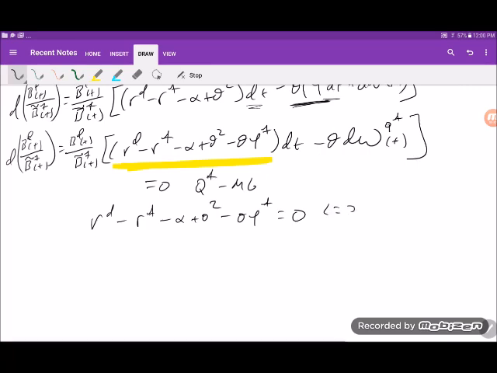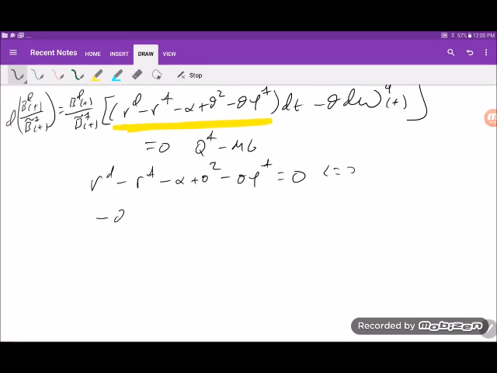So this is like saying that negative sigma phi f is equal to, you could say, alpha plus rf minus rd minus sigma squared.